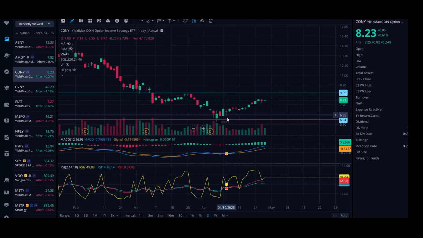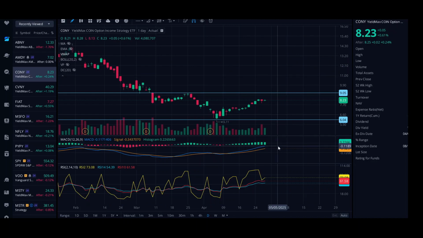CONY, again, we are staying within this little trading zone here with a support line at 6.11 and a resistance at 9.05. And we are currently at $8.23. We need CONY to get back up and break above that $9.05 so that we can get some positive movement on CONY.